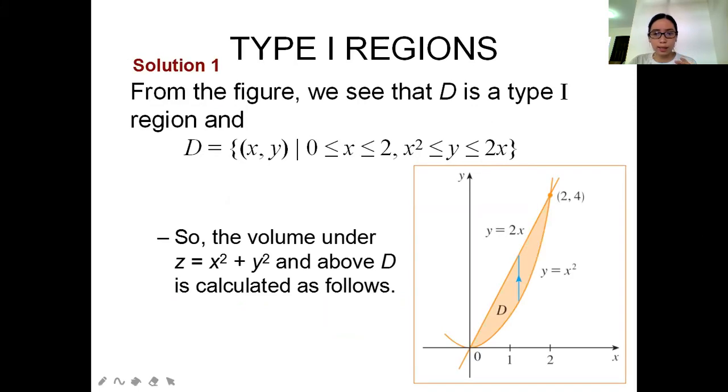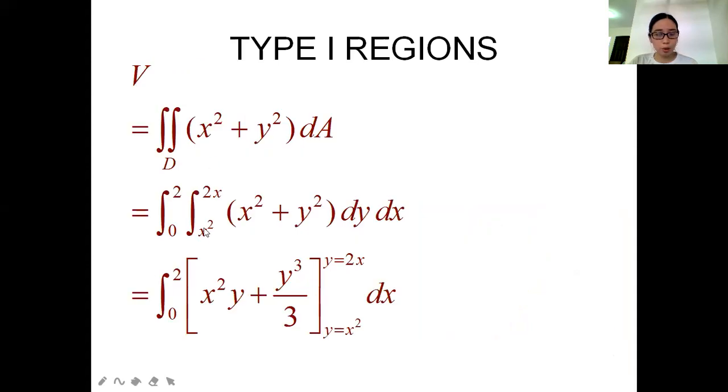The limit of y is x squared, the lower limit is x squared and the upper limit is 2x. So from x squared to 2x of our integrand x squared plus y squared dy dx.